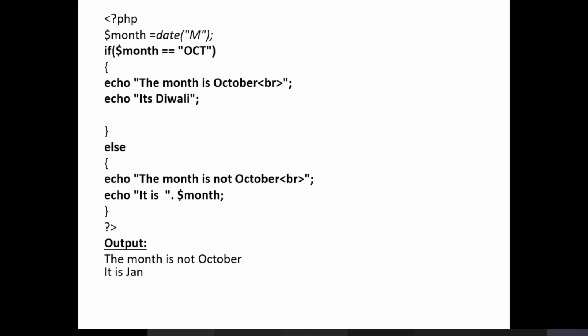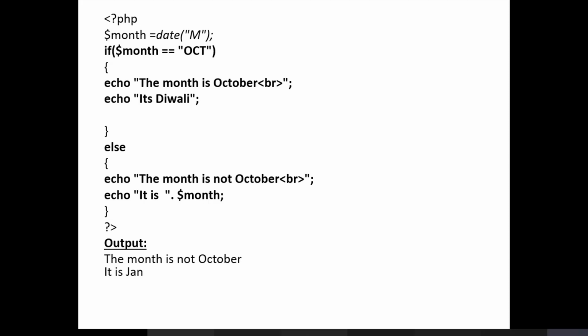Else, in the else part, we have a different set of code: echo the month is not October, echo it is, and we use the dot concatenation operator to concatenate month. So the output is the month is not October, it is Jan.